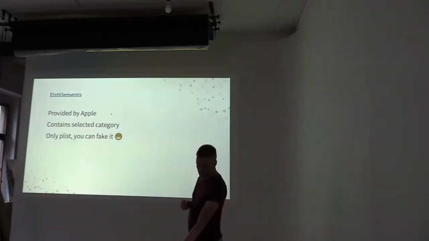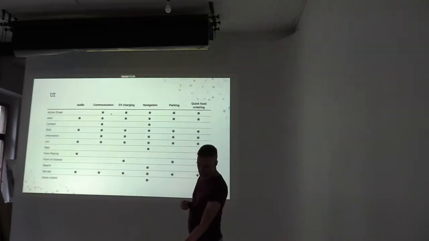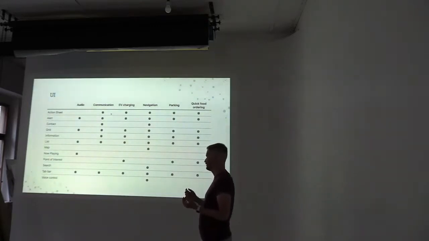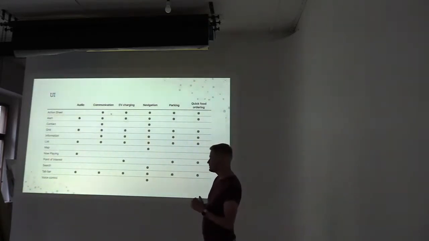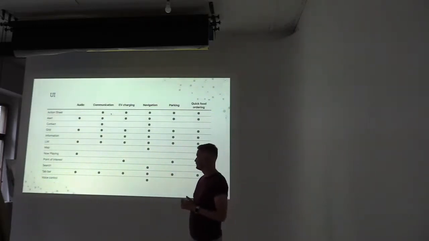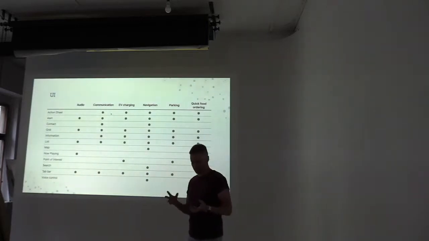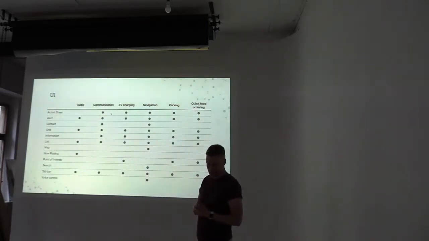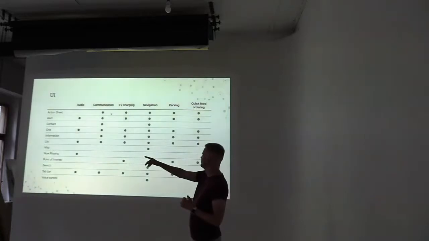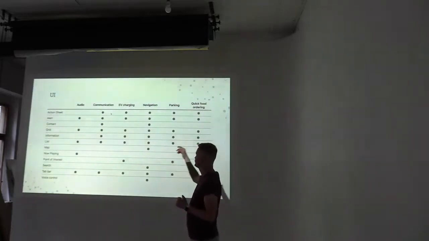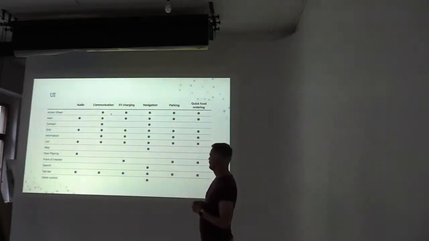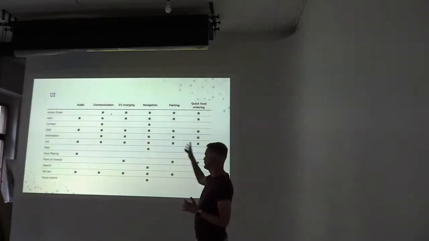And what about the UI? The UI is based on templates. I think it's very similar to tvOS templates. We have some predefined sets of templates, like the list, the column, and that's basically it. You can see here in the header of the table the categories from the previous slide, and there are some dots, so it's a matrix.